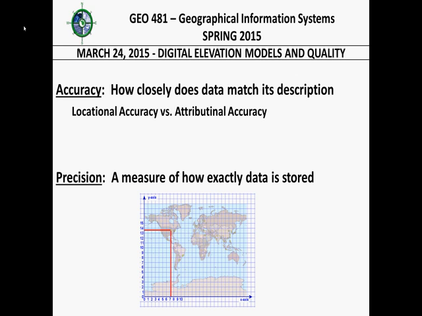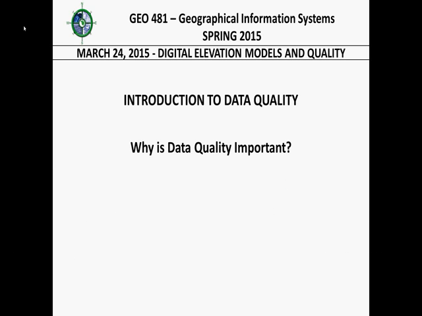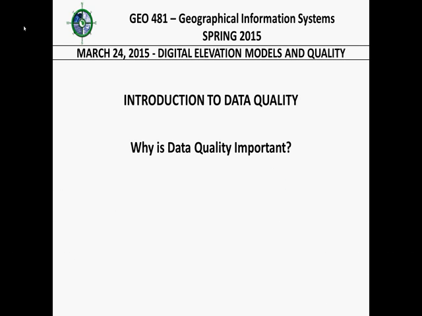The rest of this lecture will all come back to this: why is data quality important? And this acronym. Has anyone, you may not have, has anyone heard of the acronym GIGO? Garbage in, garbage out. So you can summarize everything we're talking about with data quality.